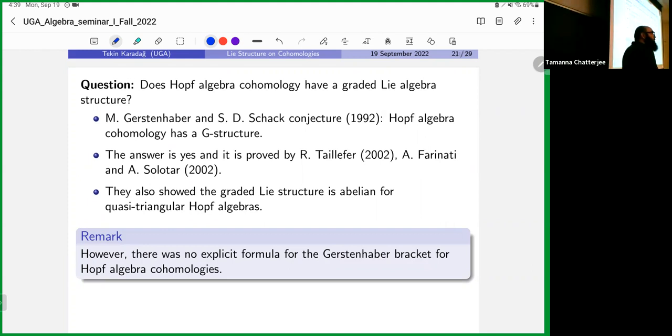Hochschild cohomology has a graded algebra structure. In some cases, for example for any triangular algebra, they showed the structure explicitly.